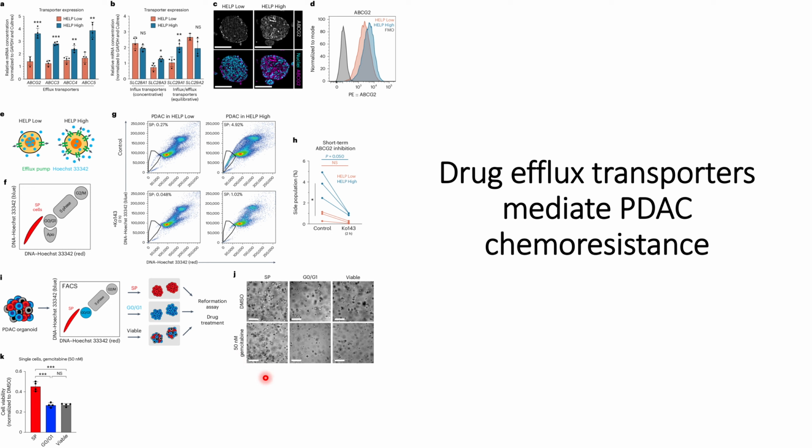In the side population, they saw more cells growing compared to G0/G1 when compared with DMSO. In viable cells, they also see reductions in growth. The quantitative analysis of panel J is shown in panel K, where the side population has more cell viability, statistically significant compared to G0/G1 and viable cells, where cell viability goes down.